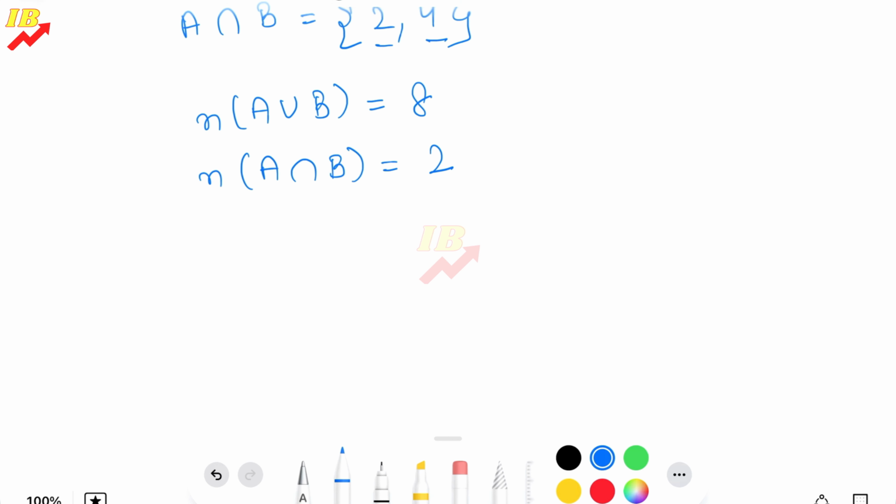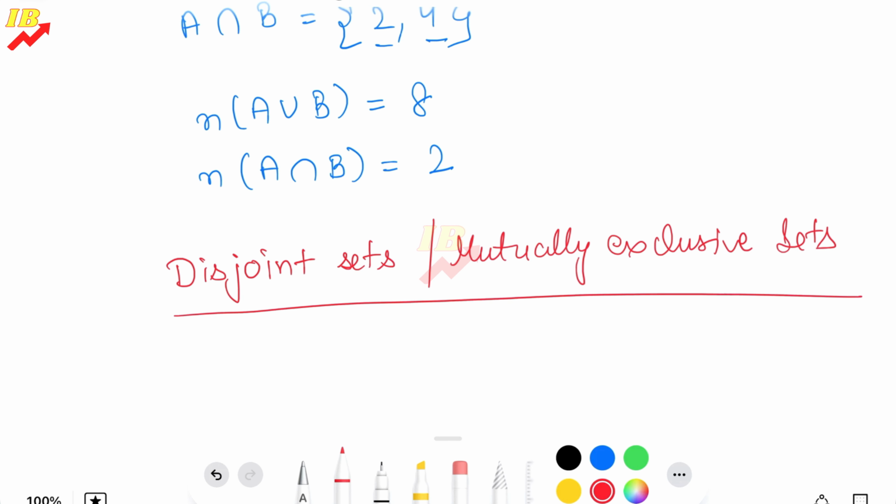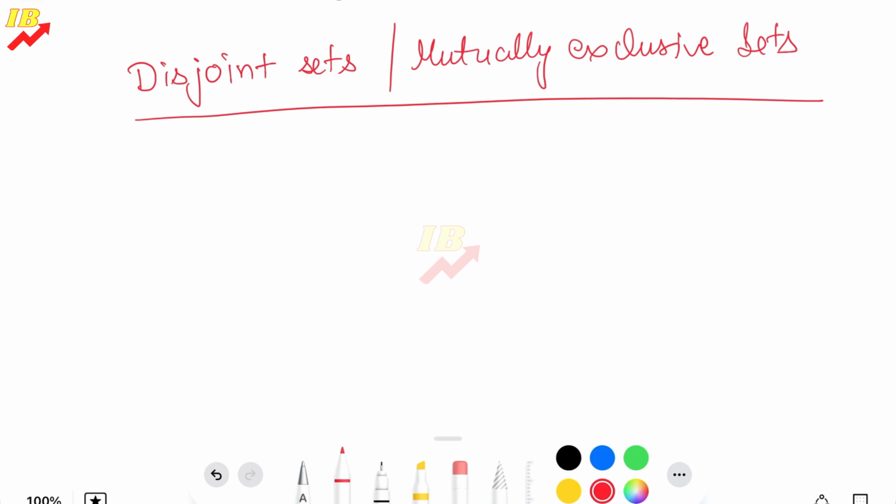Now the next thing is disjoint sets, or we call them mutually exclusive sets. Mutually exclusive itself means that something is exclusive here, right? Which is not common.